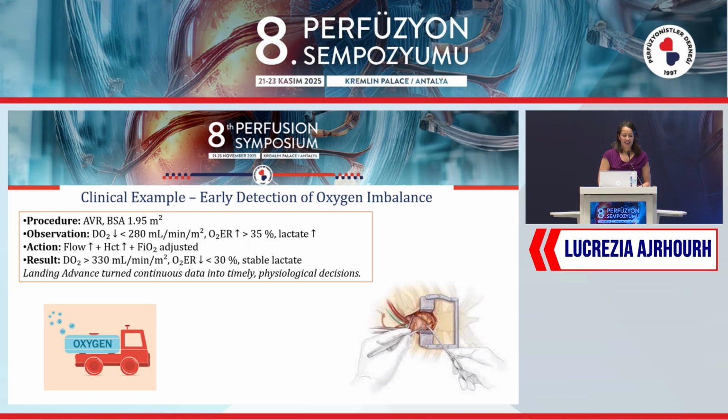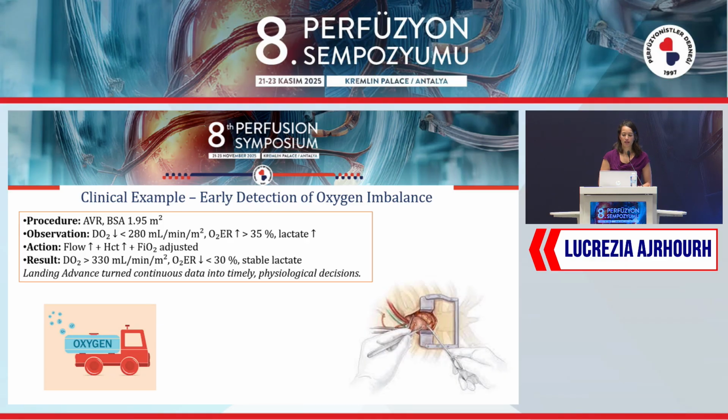Here, a clinical example in my experience. A patient of 72 years old with a body surface area of 1.95 square meters, undergoing aortic valve replacement with mild left ventricular dysfunction.